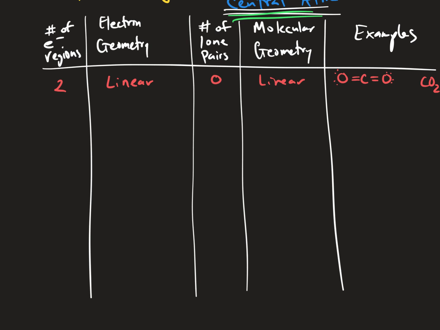Are we good? Does that make sense to everybody? Okay. And these electrons repel and push as far apart as they can, which makes it a line. What's the number of degrees between a line? 180 degrees. It's as far apart as it can get. Good?